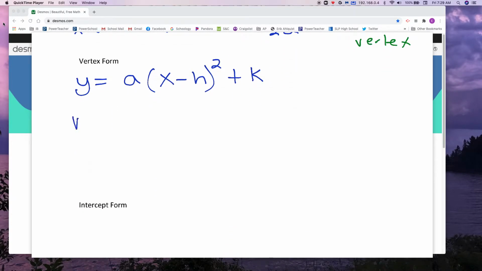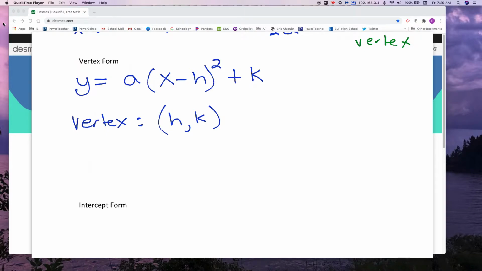The vertex on this, because this is called vertex form, it actually gives you the vertex. The vertex is h comma k. That's consistent with what we did with transformations of functions, where that k moved the graph up or down however many units, and the h would move it left or right.